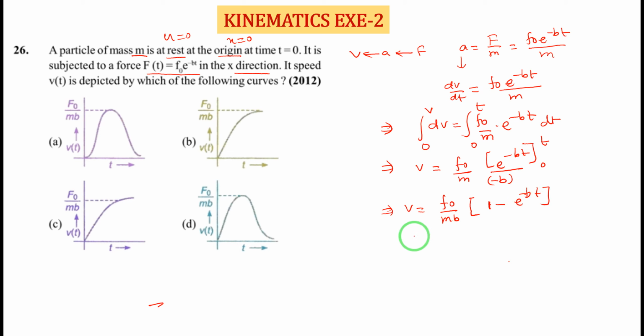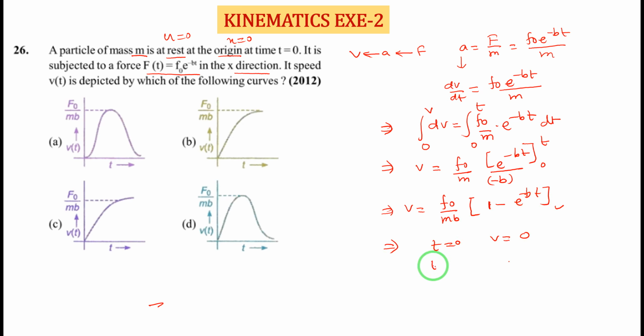Now how is the function? This is an exponential function which is increasing in nature, right? At t equals 0, when you put t equals 0 in this equation, you will get v equals 0, because e to the power 0 will be 1.